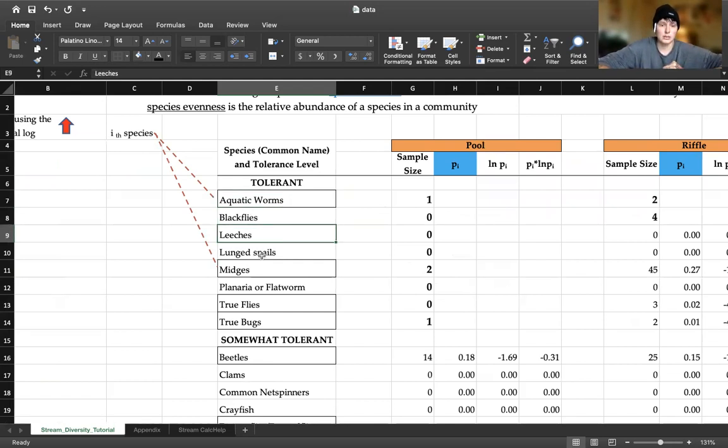So each one of these is going to be a different data point: i1, i2, i3, and so on. When you get your data, you're going to have all your occurrences listed for the riffle and the pool. And we're going to calculate a Shannon index for both.